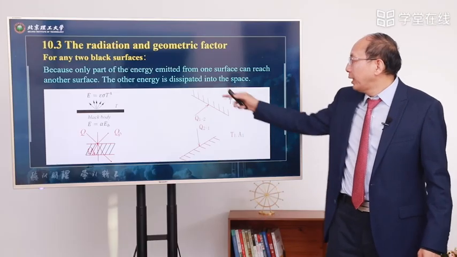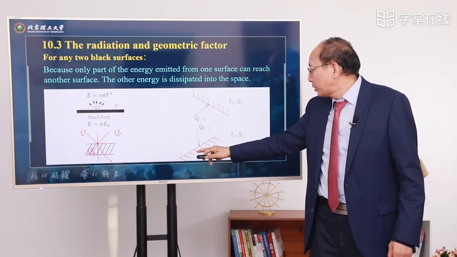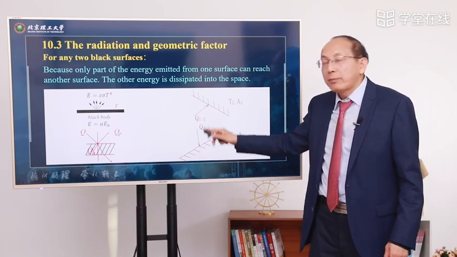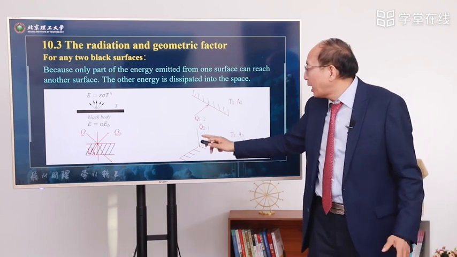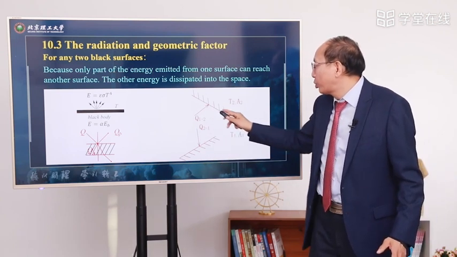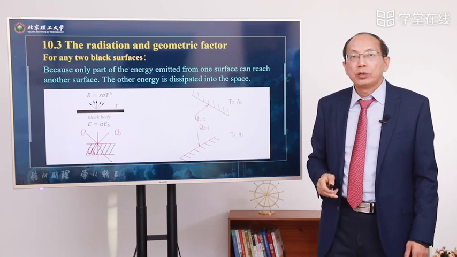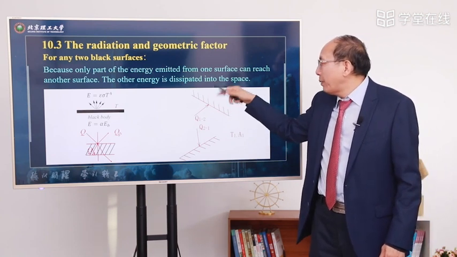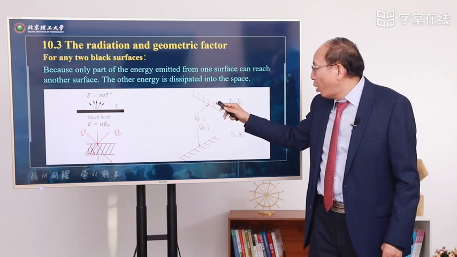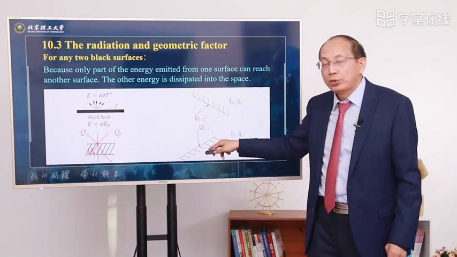For example, here are two surfaces. From surface 1, some energy goes to the half space. Only part of the energy can reach surface 2. In the same way, of the energy emitted from surface 2, only part can reach surface 1.